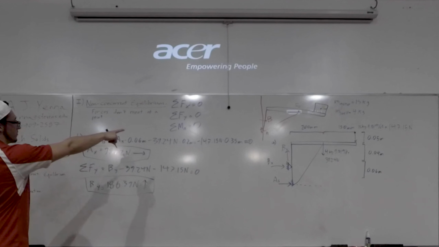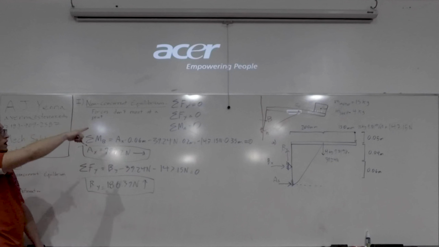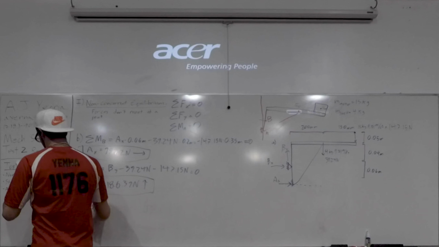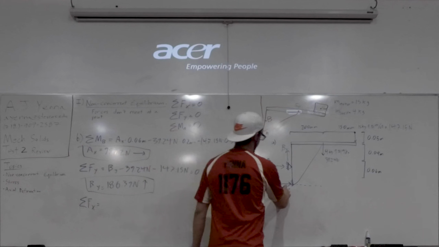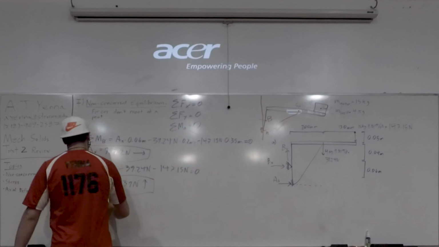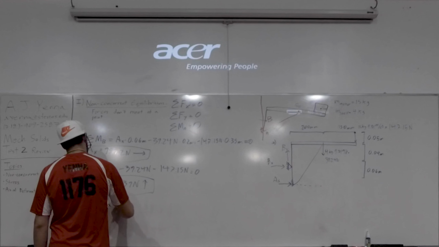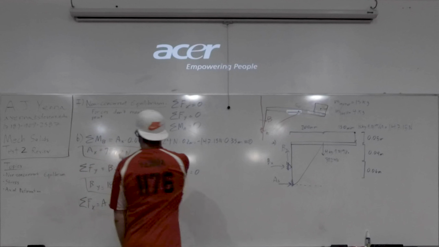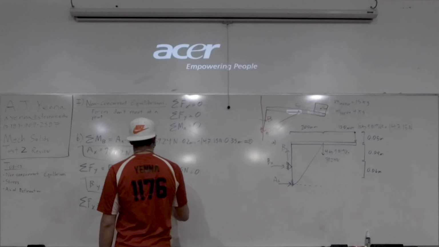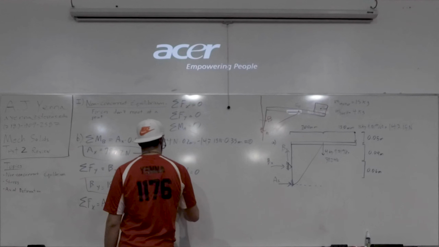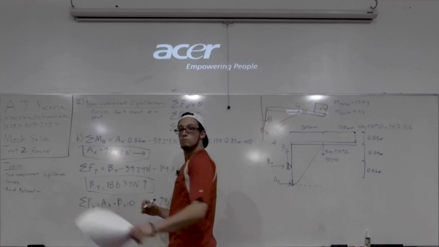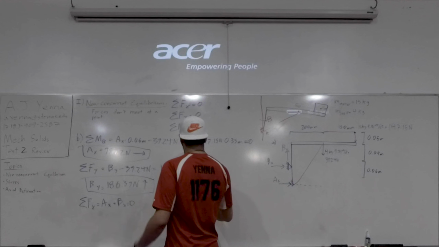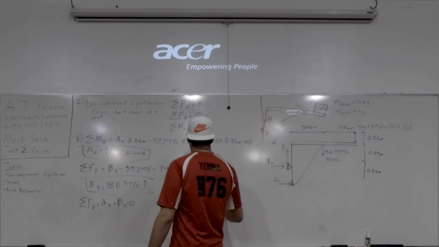And the last equation that we haven't used yet: we used summation of moment, we used summation of Fy, so now we use summation of Fx, which is just Ax plus Bx equals 0. So we already saw for Ax, we know that it's 989.2 newtons, plus Bx equals 0.